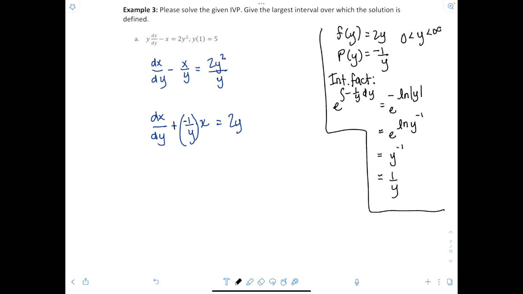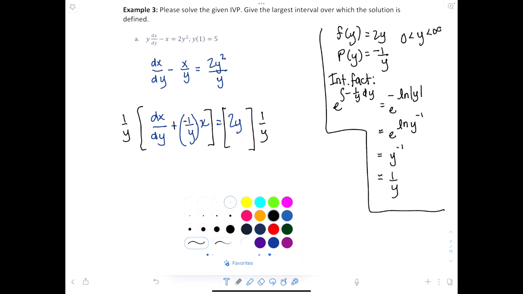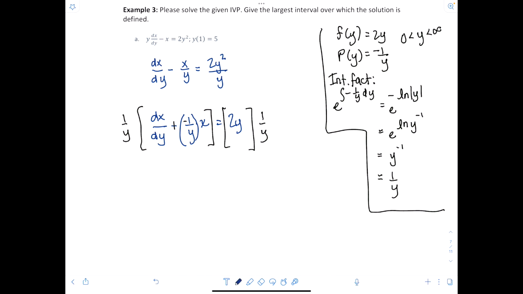So multiplying through by 1 over y, we will have 1 over y dx dy minus 1 over y squared times x equals 2.